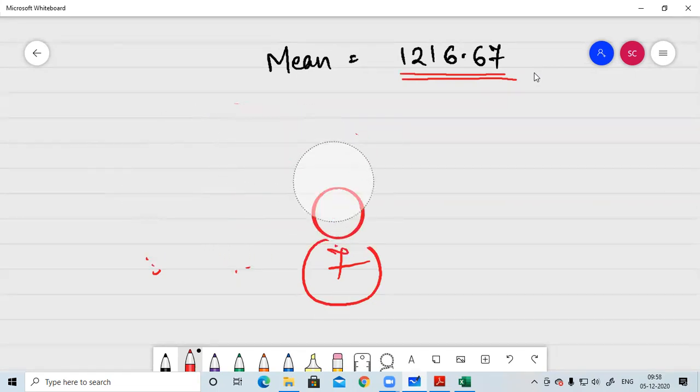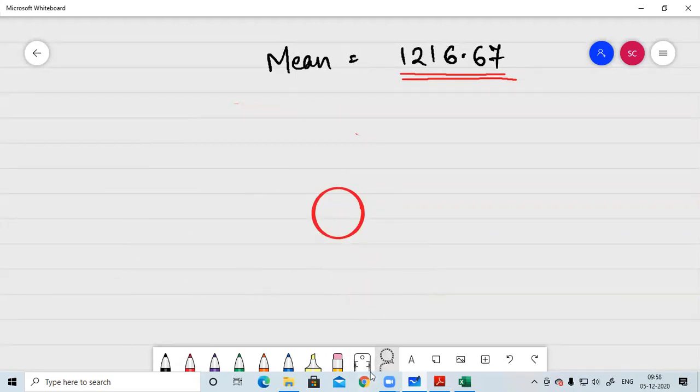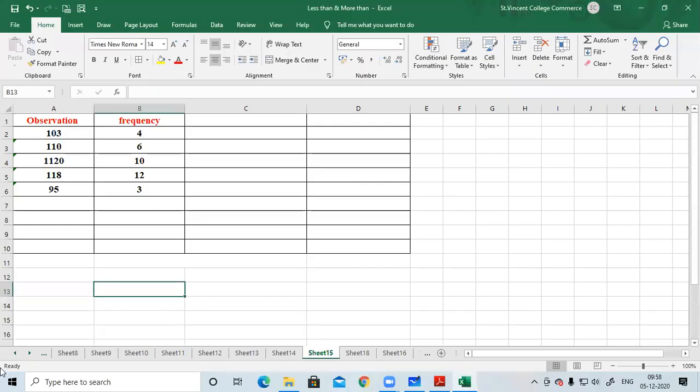There is another type of classification, what you see on the screen right now. 103. So let's assume 4 people have got 103. When I say there are 2 ways of doing it, I'll write it down for you.